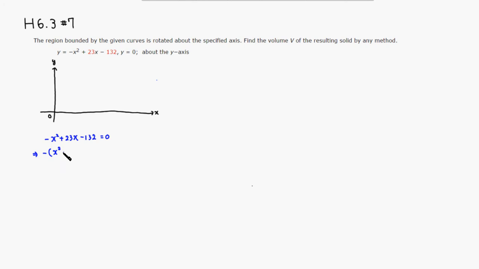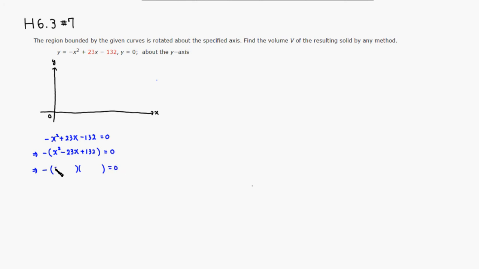So positive x squared minus 23x plus 132, and this is equal to 0. Then you have a negative sign.